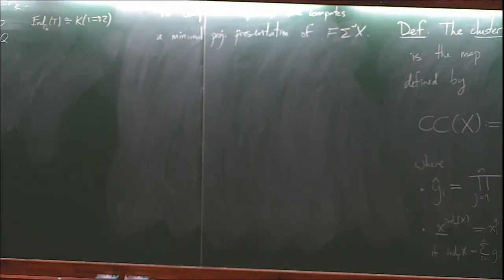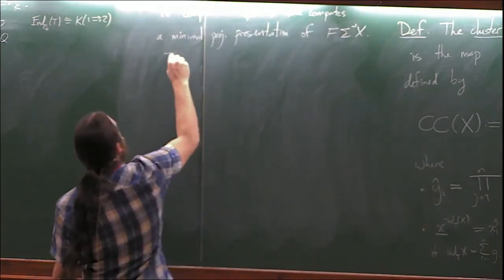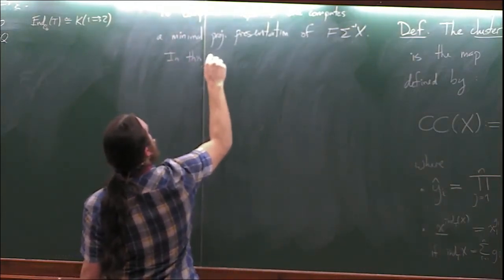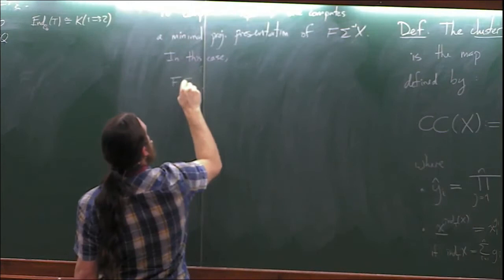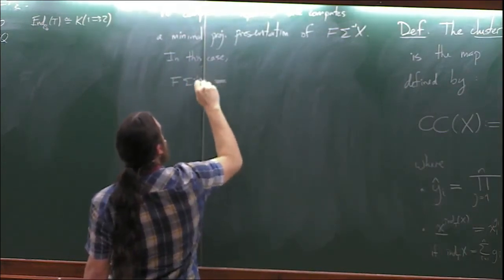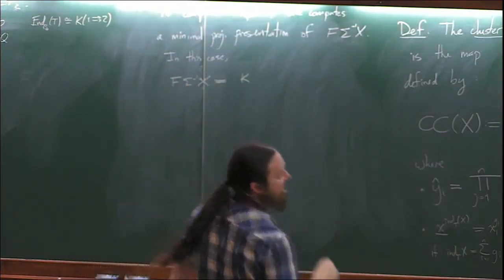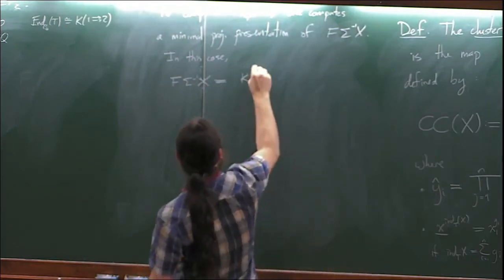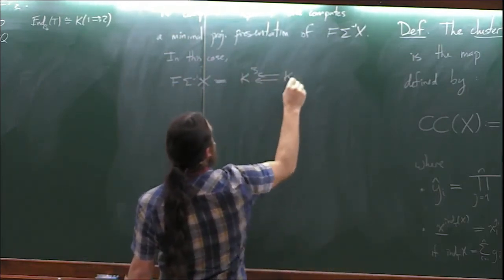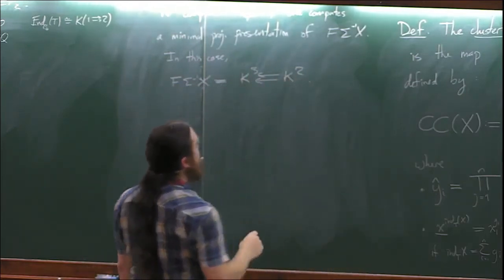So what I need to do is compute a minimal projective presentation of this module. In this case, F of sigma minus 1 of X is the indecomposable module of dimension vector (3, 2).